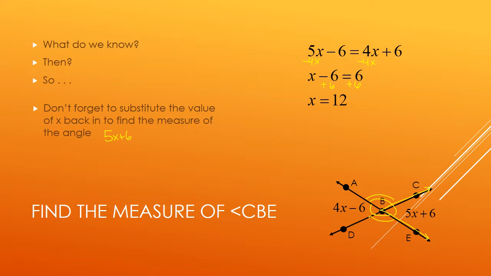I'm just going to plug x into there to find my answer. 5 times 12 is 60, plus 6, and again, see that notation, measure of angle CBE equals 66 degrees, because we're talking about a measurement value, so you need the degrees.